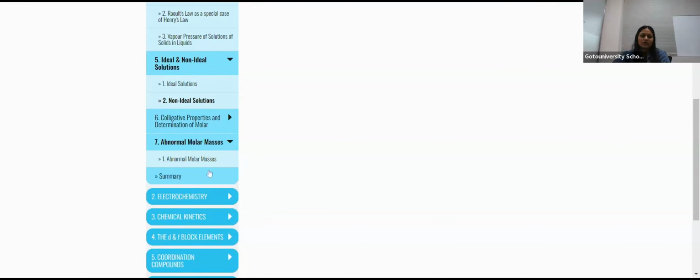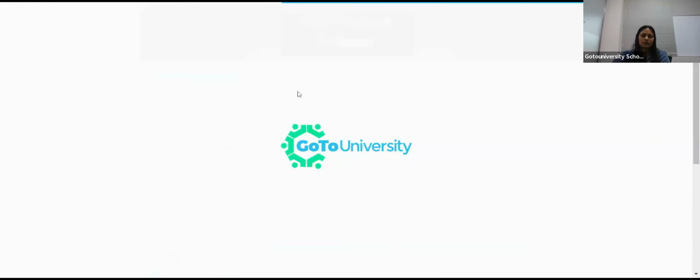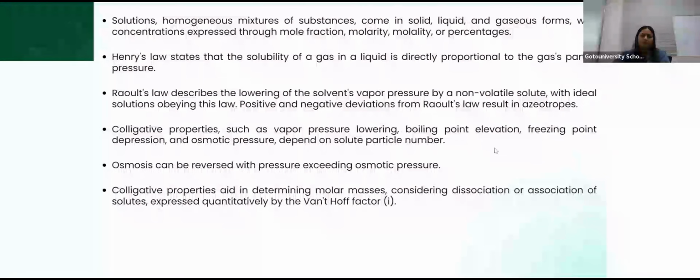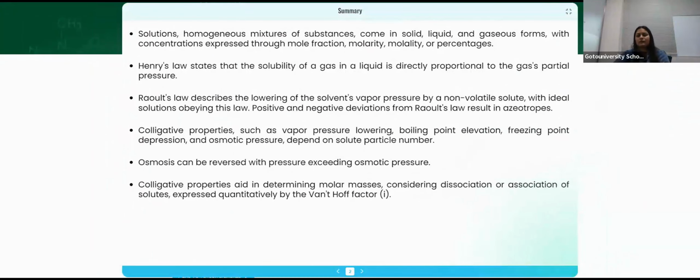So let's summarize this chapter. You can see here summary for solutions chapter. Please read it and tell me if you have understood all these points or not. Have a look at it.